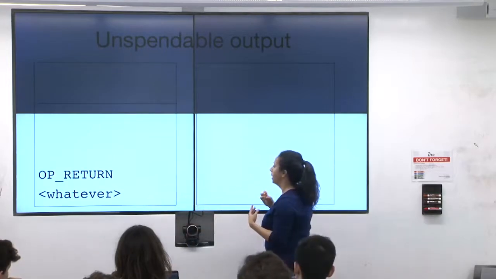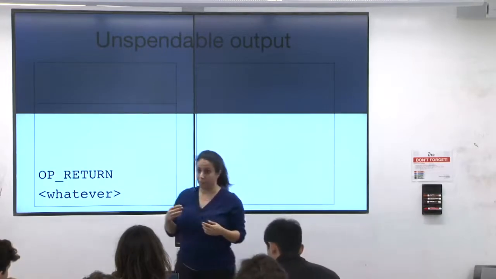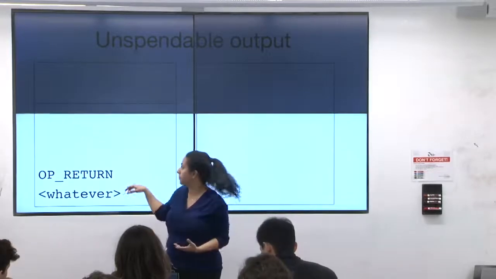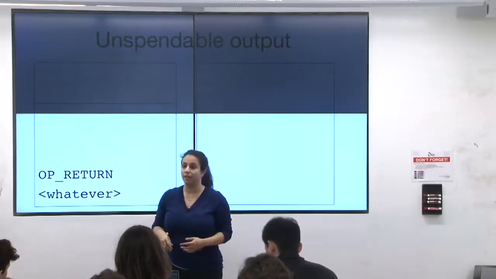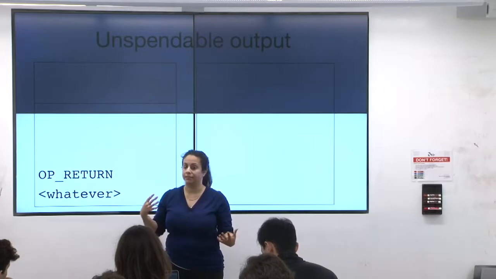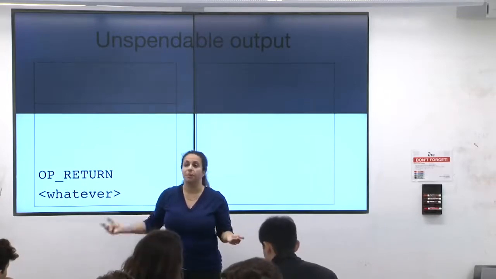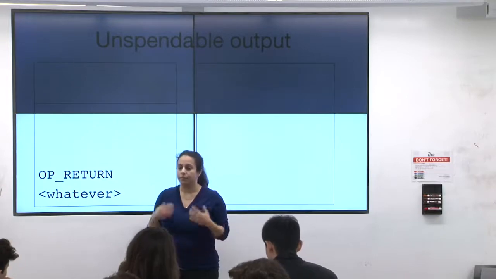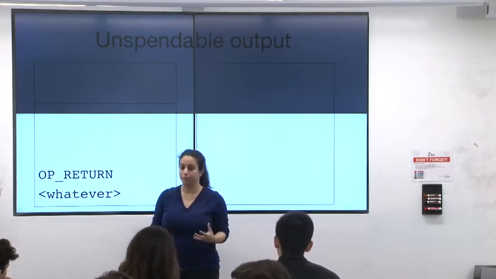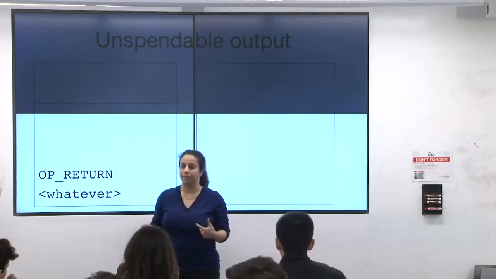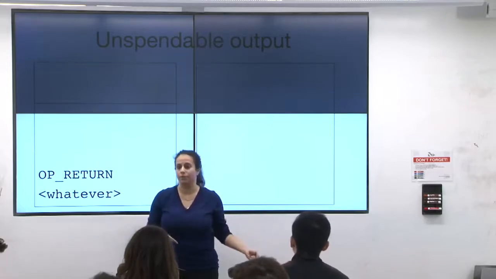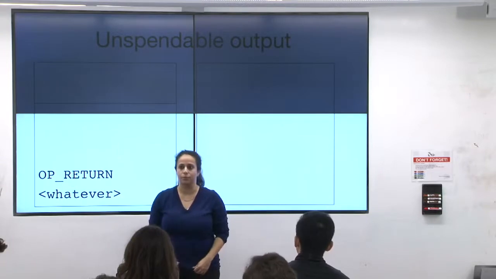And it's definitely possible, if you write some weird script pub key or script sig, to accidentally create outputs that are never spendable, or outputs that could be spent by someone else. So there's a standard set of script pub keys to use, and I would not recommend going outside that set, except in the lab that you're going to do, because we have some more fun ones in there.